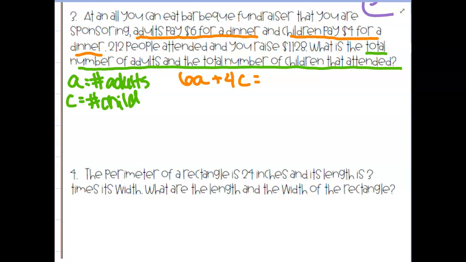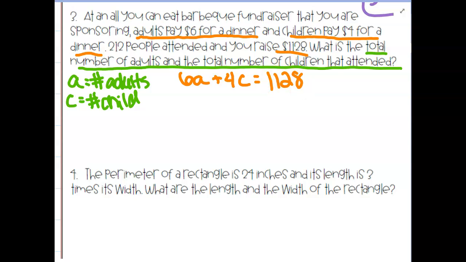When I take $6 times the number of adults, that's how much all of the adults spent, right? This is all of the money from the adults. This is all the money for the children. So if I take all the adult money and all the children money, how much money did we raise? $1,128. Make sure you set it equal to the correct thing.